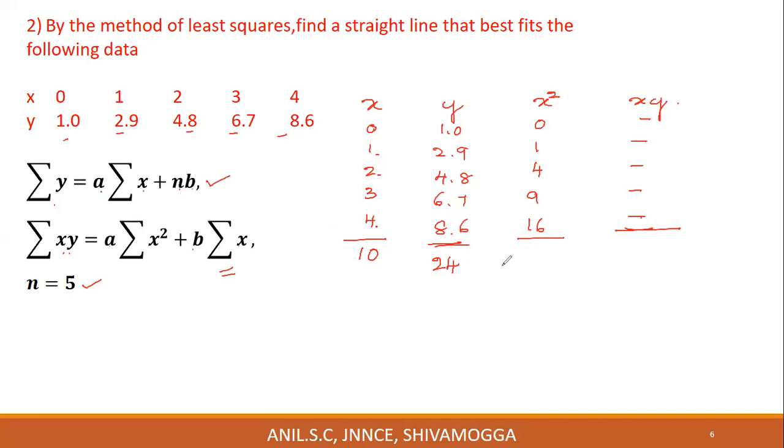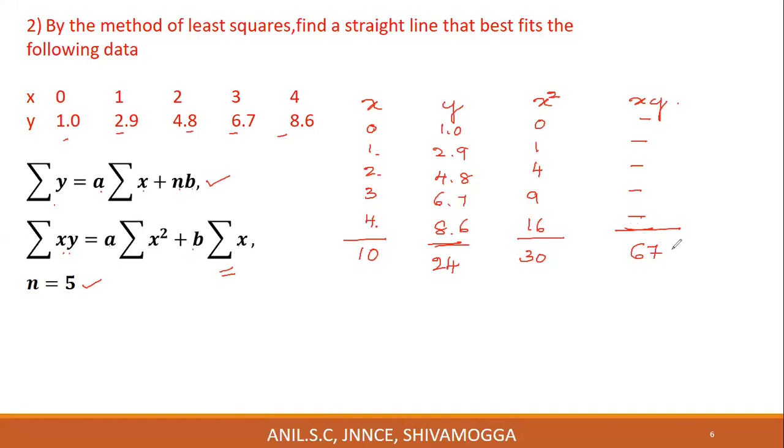Summation x square? 30, that's right. And summation xy? 67.